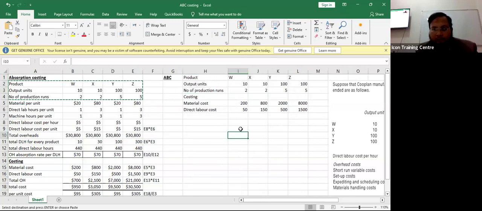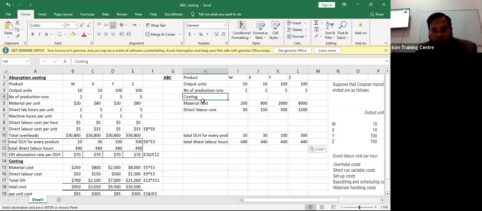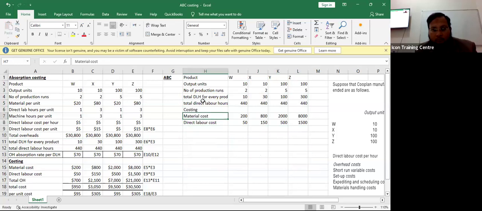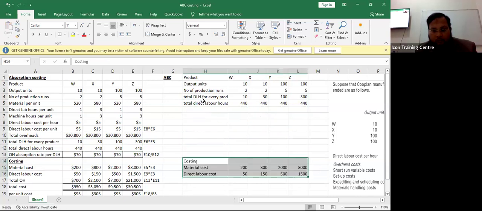The only change we see is the overhead. Okay.